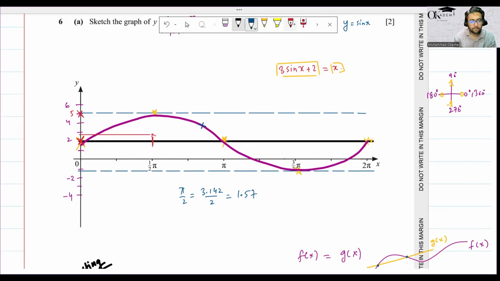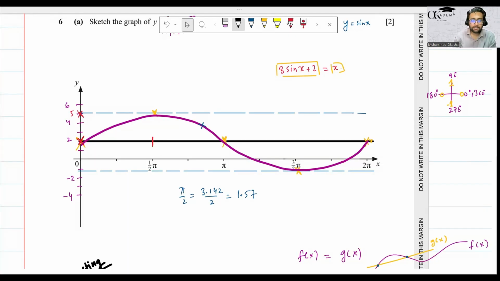Let's see how many times it is cutting the graph. Basically, my x and y axes are not evenly spaced, because this is a way too big a difference compared to this. This is just 1.57, while on the y-axis, this much of a distance is 1.57.